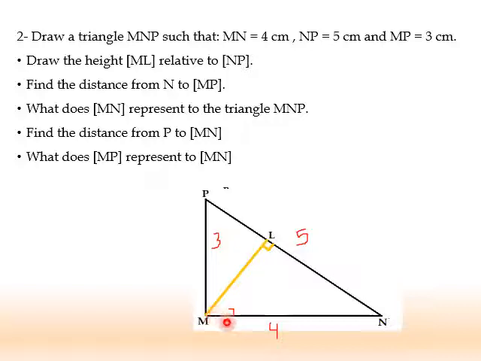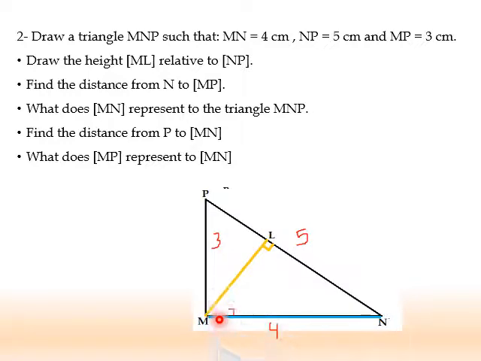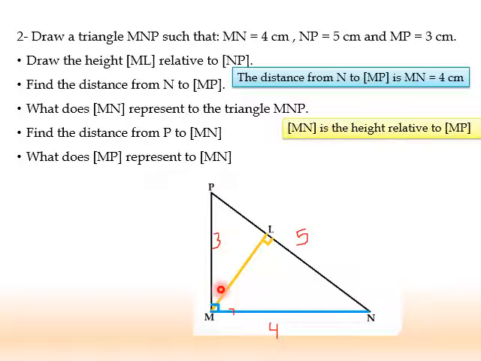And here, since NM is perpendicular to MP, I checked it here by using our set square, I can clearly say that the distance from N to MP is MN, which is 4 centimeter. Now, what does MN represent to the triangle MNP? This is MN, which is perpendicular to MP. So I'm talking about what? It's the height relative to MP.